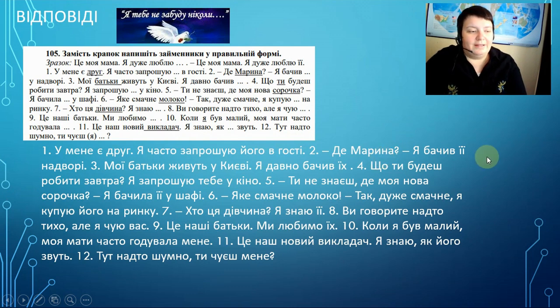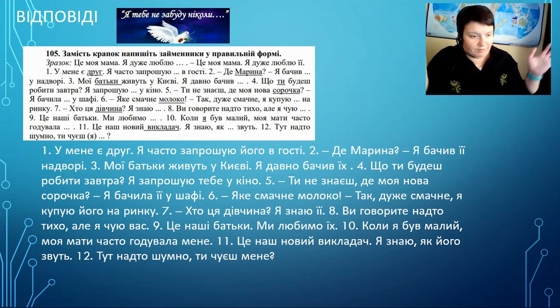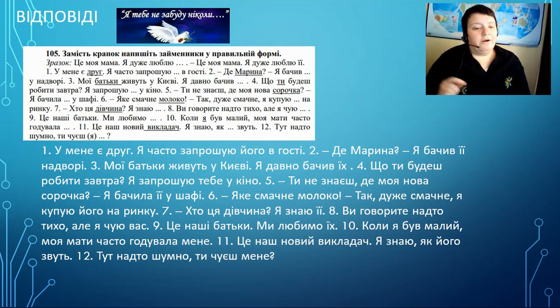Де Марина? Я бачив її на дворі. Where is Marina? I saw her outside. So, Marina is a feminine name. So, we put here the pronoun її. Most feminine names, not all, but the majority of feminine names, end with а or я.